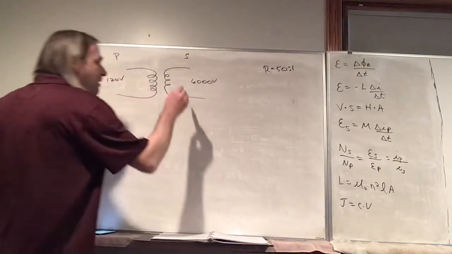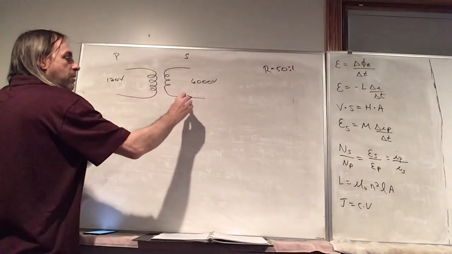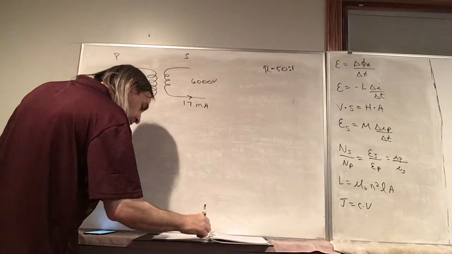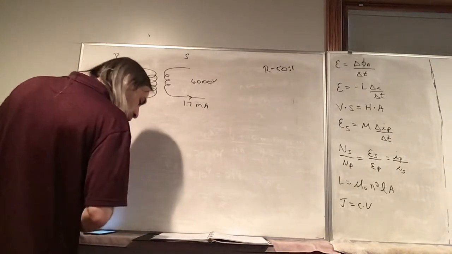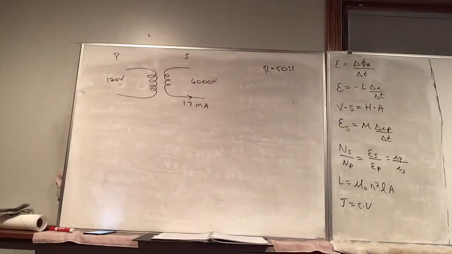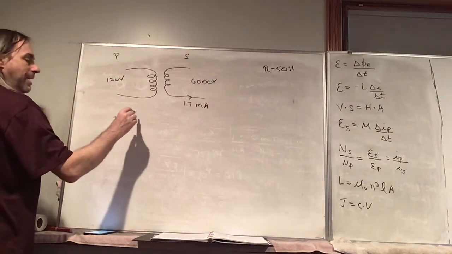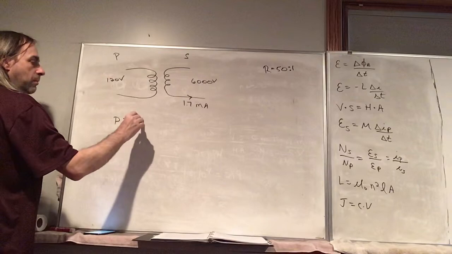The current in the secondary coil is 1.7 milliamps. Find the power consumed by the air filter. So power is current times voltage.